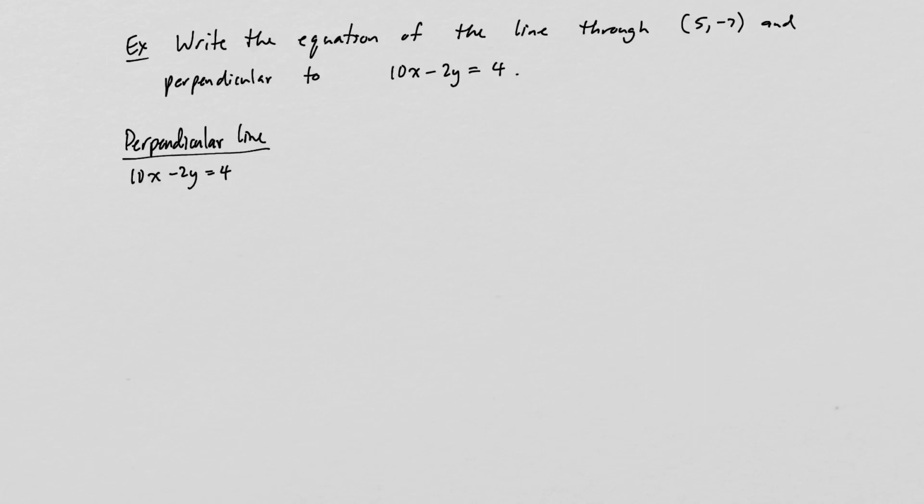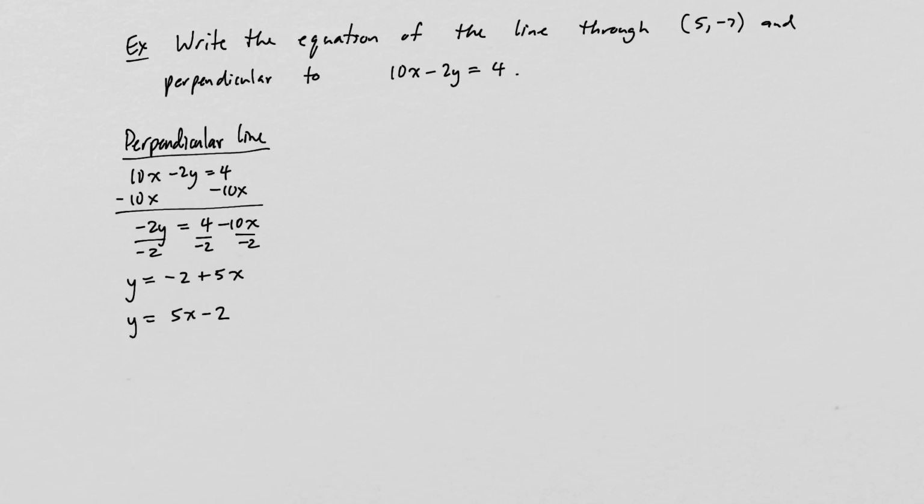So what I need to do to solve for y is subtract 10x from both sides. This will give us -2y equals 4 take away 10x. And then I'm going to divide by -2 to everything. And that gives us y equals -2 plus 5x. Now keep in mind that this is the same as 5x minus 2.